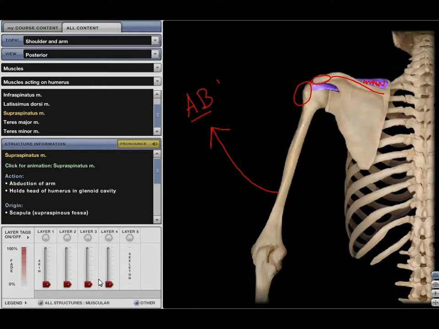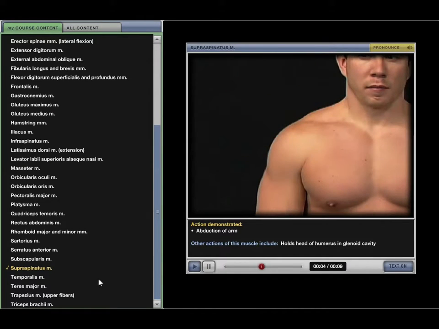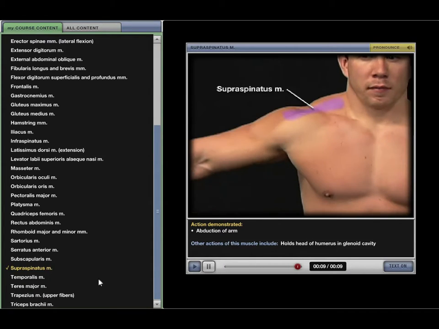AB, abduction of the humerus. So let's take a look at a quick video showing this action. Here we can see abduction of the humerus, and that's the action of the supraspinatus muscle.